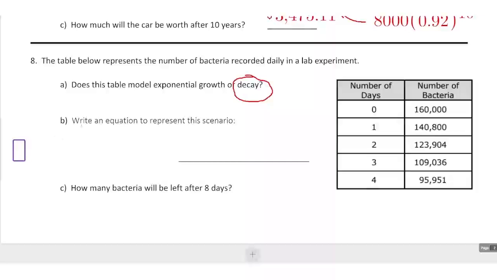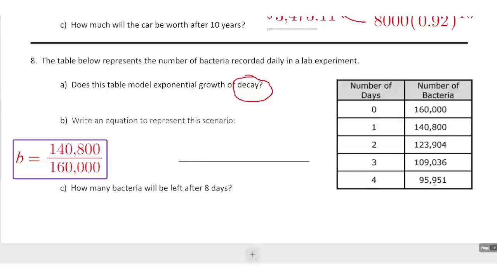So to figure out that b value, what we can do is divide one of these entries, like 140,800, by the previous entry. And if this is a true exponential function, then we should get the same b value no matter which two of these adjacent values that we pick. So I usually just start with the first few, but you could pick really any of these.